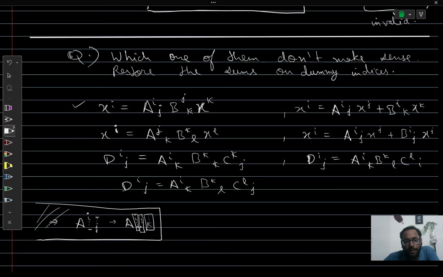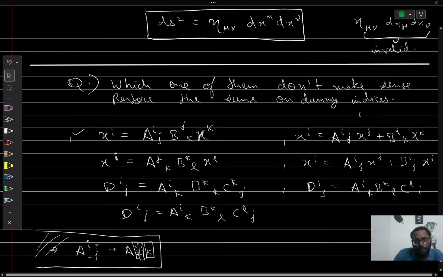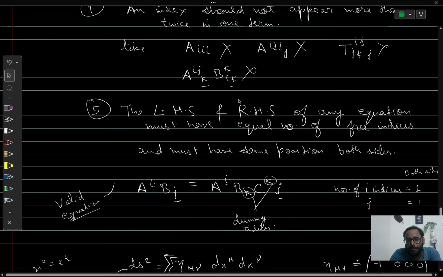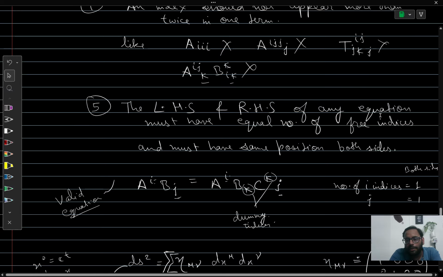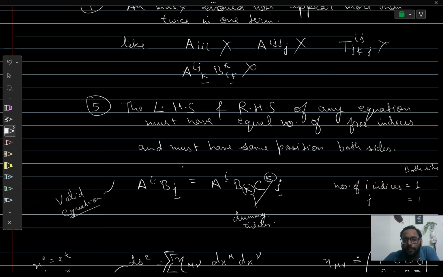Now let's come to this one. This is i, this is j, and these are both the same thing; they have relabeled it. So this is valid, but the free indices must be the same on both sides: the same number of free indices, the same indices, and the same positions on both sides.